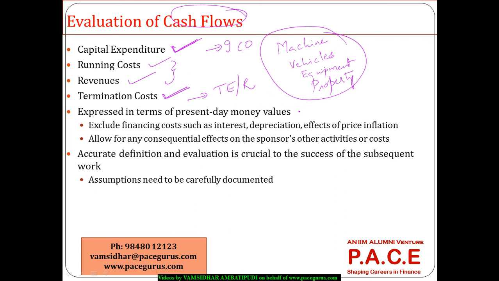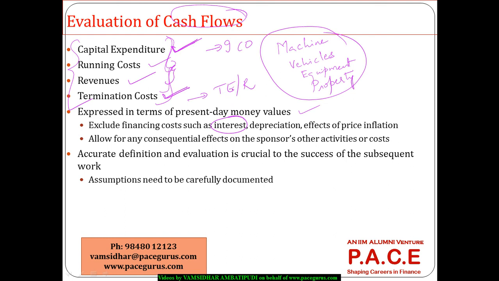Generally, they are expressed in terms of present day money values. We generally don't include all the financing related costs. Interest is not included while computing the cash flow, because this is irrespective of whatever is the source of financing the project. It is purely project related. It's not the financing related cash flows.